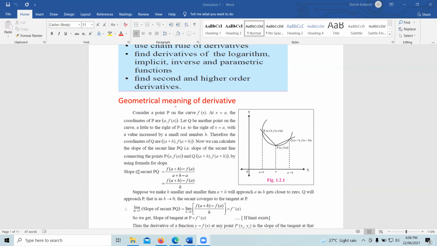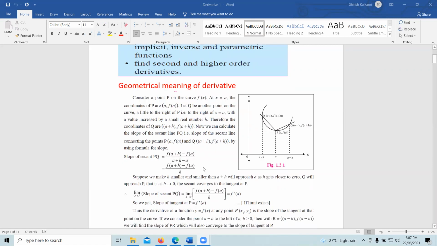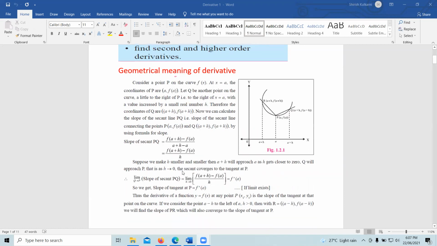Clear? This is the slope of PQ, that is y2 minus y1 upon x2 minus x1. The denominator contains a plus h minus a, this a and this a get cancelled. This is the slope of PQ.